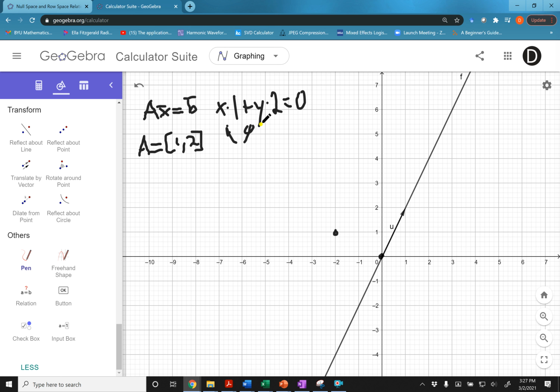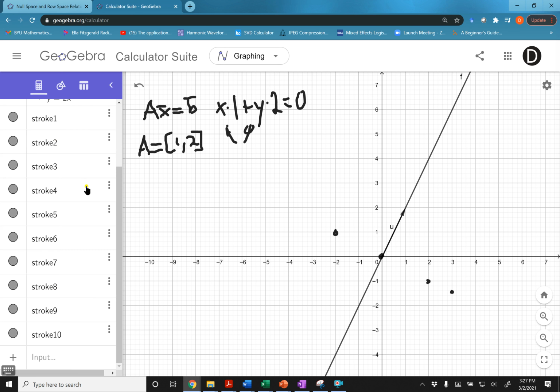I could take 2 for x and a negative 1 for y. I could take like 3 for x and a negative 1.5 for y. So I've got some options, and if we look at all of that, they fall on a line.